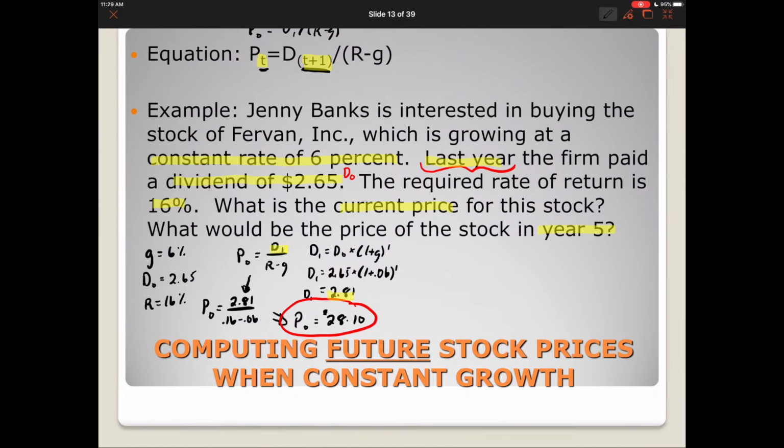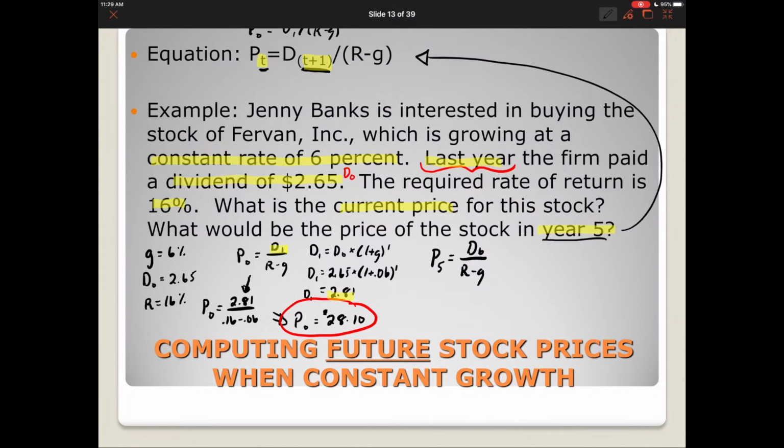The next thing that they want us to know is, what is the price in year 5? So if we go back to our equation up here at the top, when we have constant growth, the price at any point in the future is still equal to the next year's dividend, so D sub 6, divided by R minus G. The R and the G do not fluctuate. We just need to figure out what the year 6 dividend is.